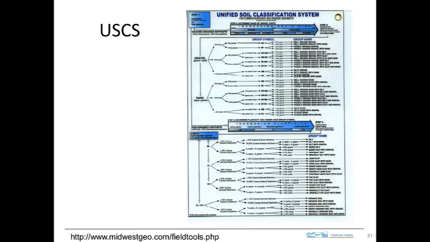So you can see if it's coarse grain, you're up here, and if it's fine grain, you're down here. And if it's coarse grain, is it gravel or sand? And then if you've made that decision, then these decisions are looking at the type of grading and so on. So you take a look and make the decisions and divide it as best you can.